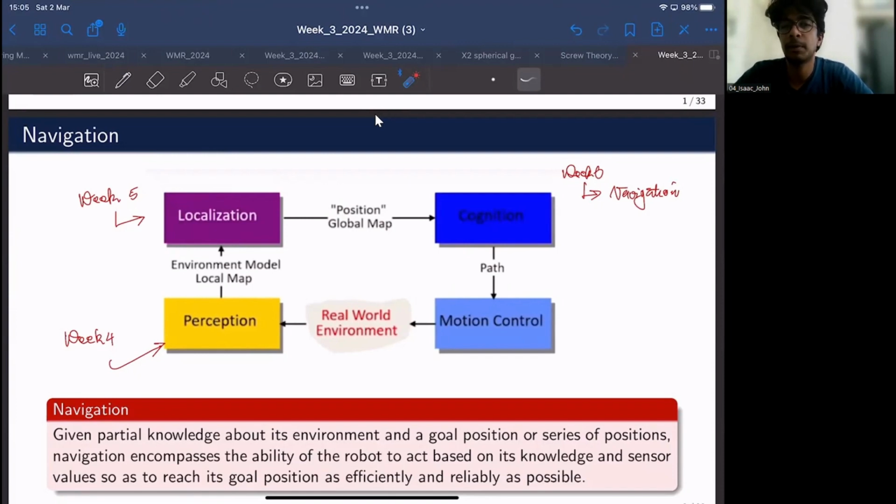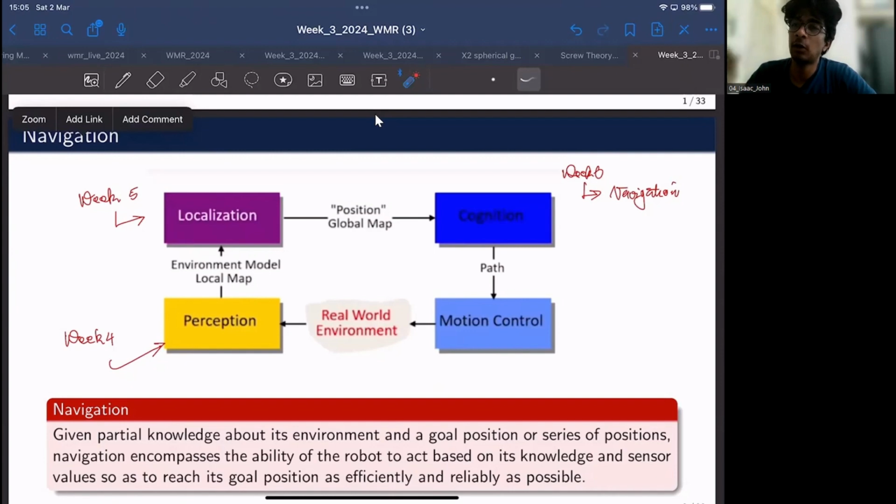You could choose the best path based on the shortest distance it covers. You could also select a path that gets to the goal position in the shortest time. And maybe you could also have an optimization criteria based on the path which consumes the least amount of energy. Whichever is your priority, or you could have a weighted average of all these objectives in order to reach the goal position.